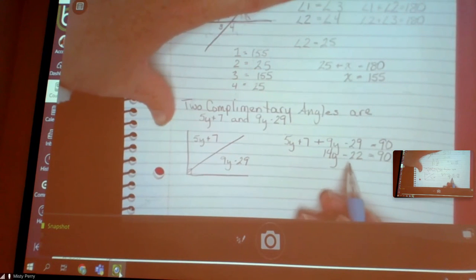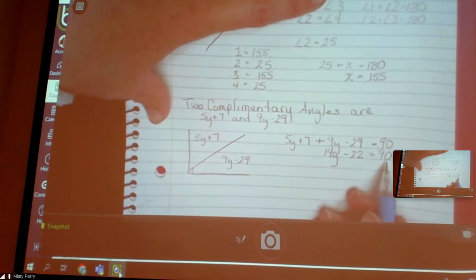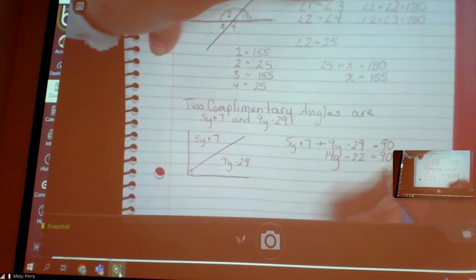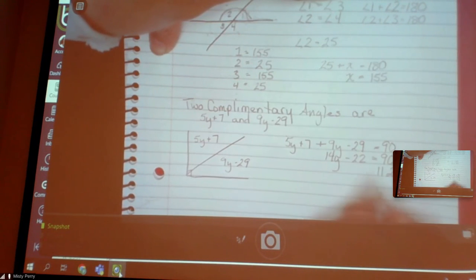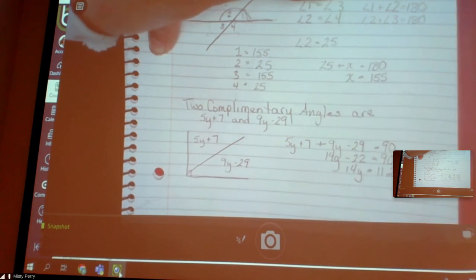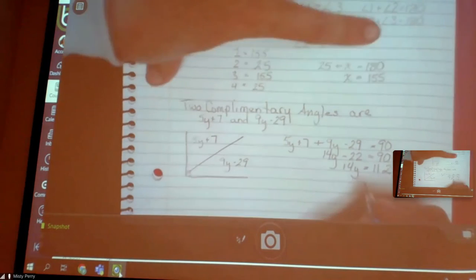Okay, this is minus. In order to get rid of minus, we're going to add. So 90 plus 22 is going to be 112. And then divide. Y is going to equal 8.